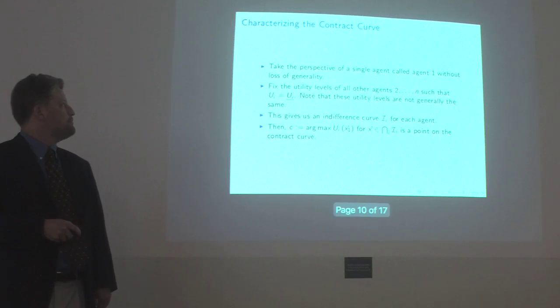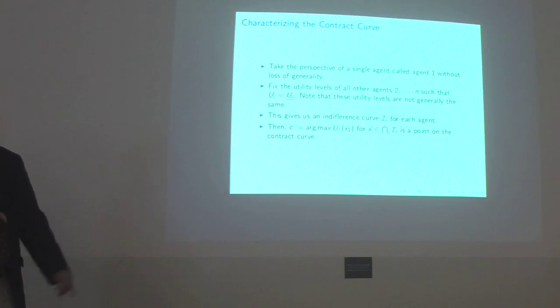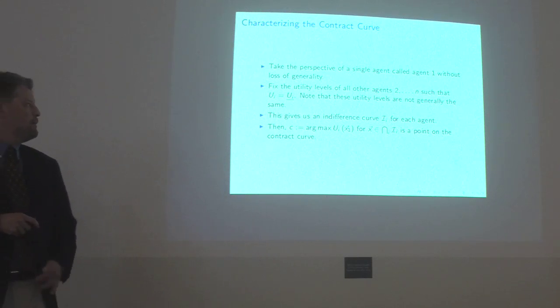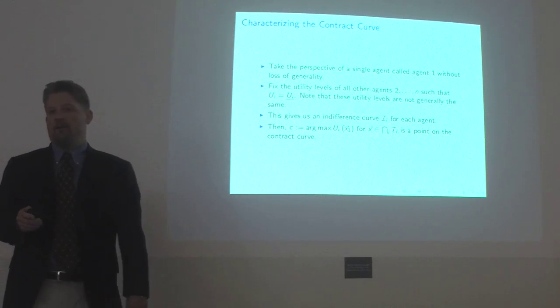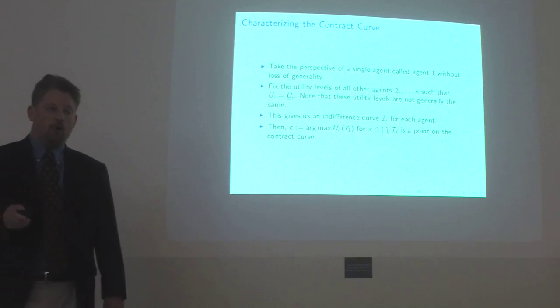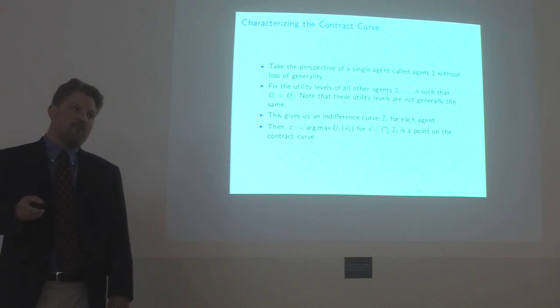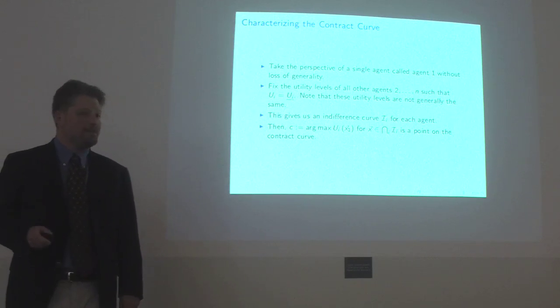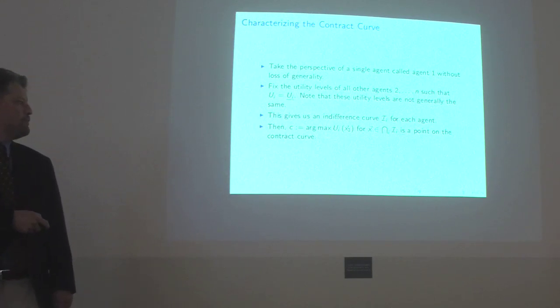Now, there's an alternative way to characterize the contract curve. If you fix the utility level of one agent and find the point in that space that maximizes the utility of the other agent, that is a point on the contract curve.